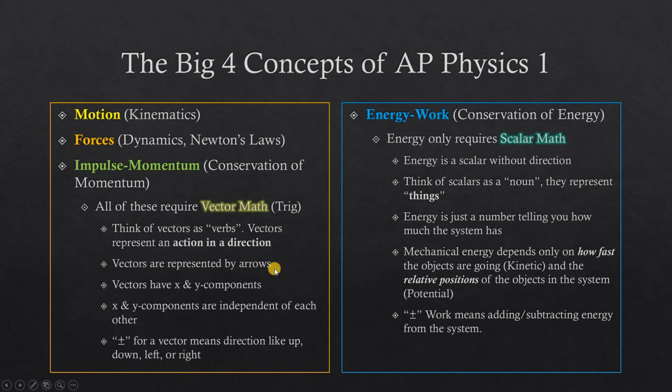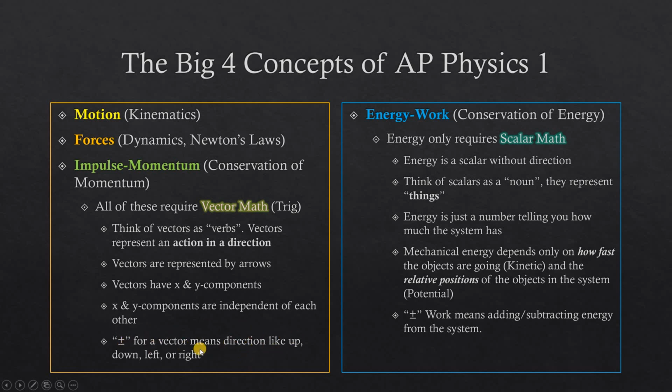So vectors are represented by arrows, and these arrows have x and y components. And the x and y components are independent from each other. So what goes on in the x direction will be separate from what goes on in the y direction. And then for vectors, this is a big idea. Plus and minus means, is it going up, down, left, or right?